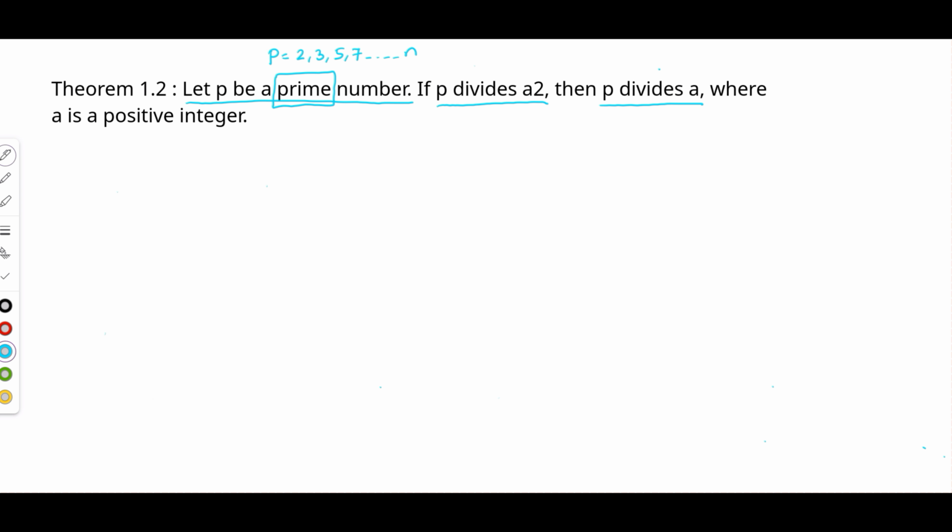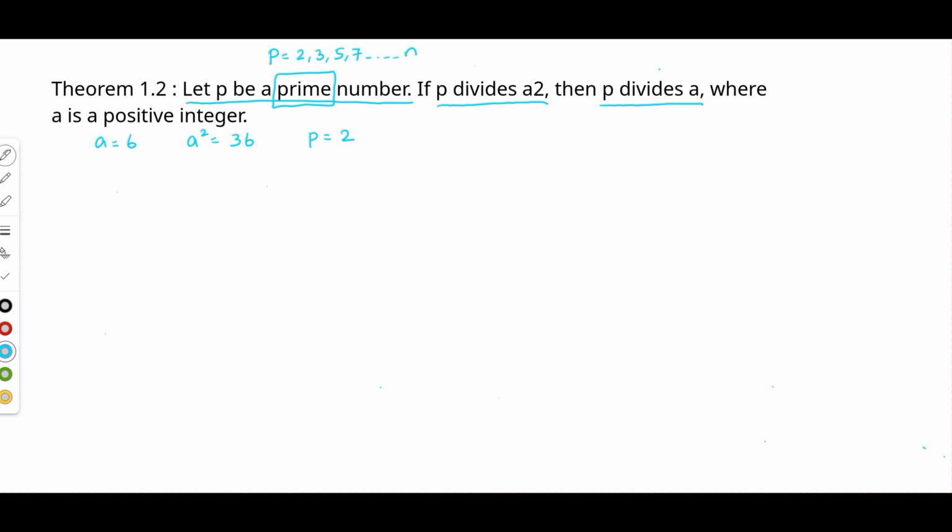What is the meaning of that? For simplicity's sake, let's take a is equal to 6, and a square will be 36, and for an example we'll take p is equal to 2.